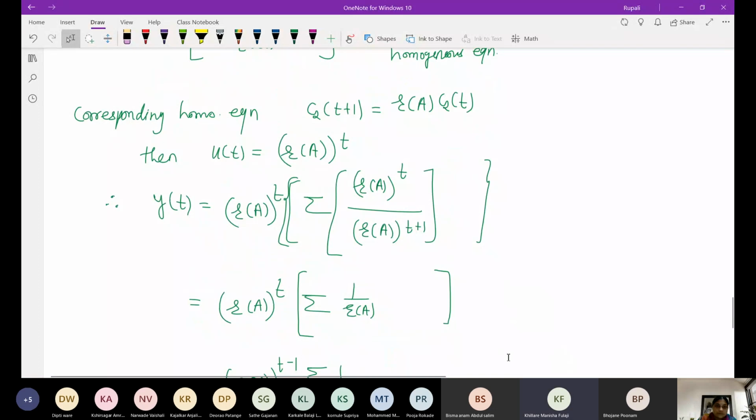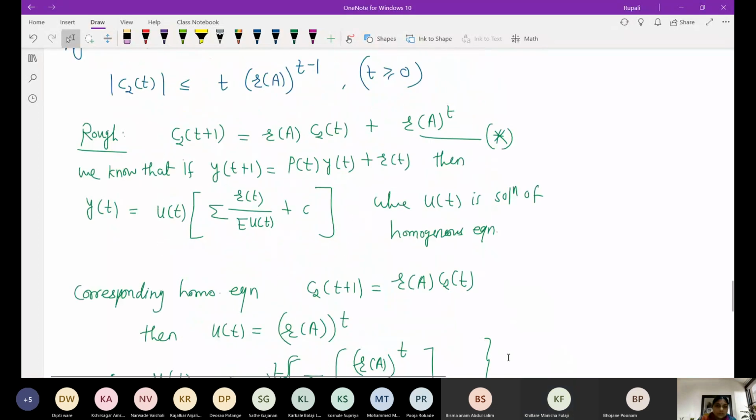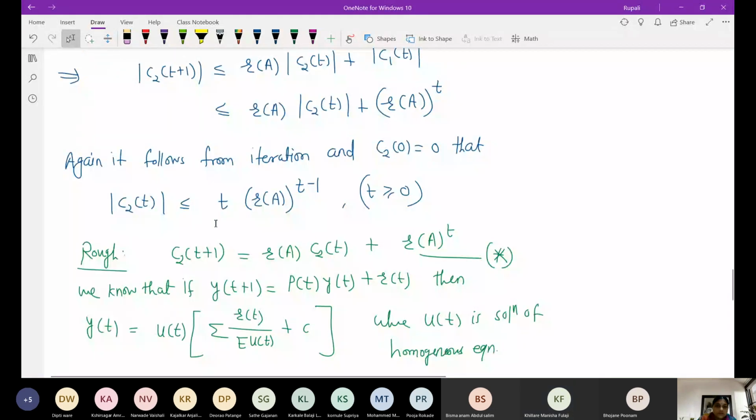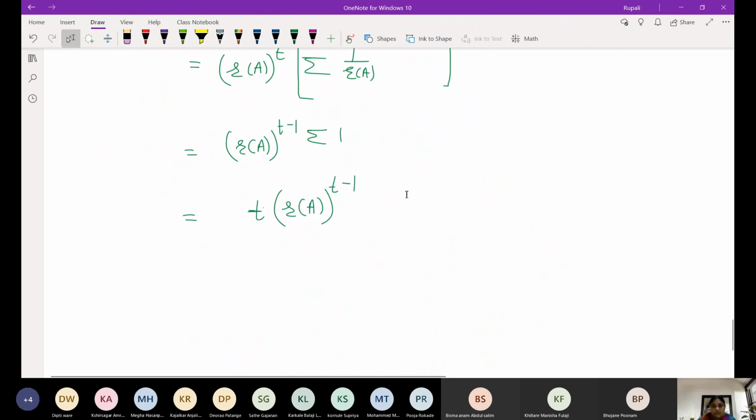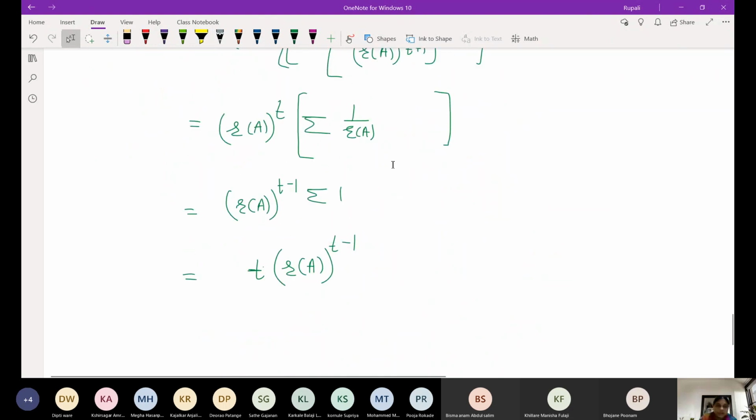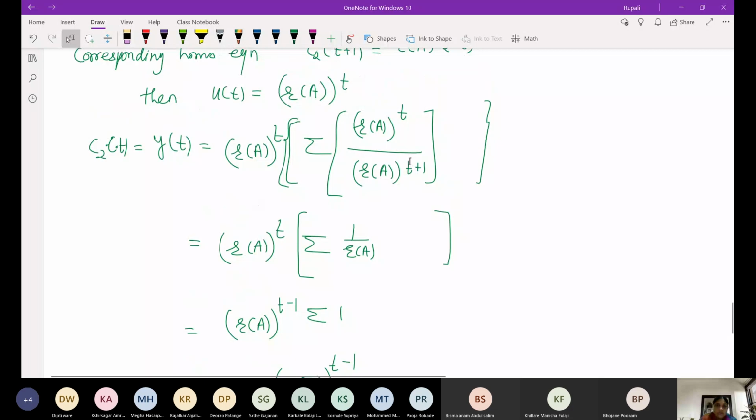Yes, ma'am. So we have written here t times R of A raised to t minus 1. Yt means nothing but my C2t. So C2 at 0 is 0, therefore the constant should be 0. Whatever the constant may be, if you write it also no problem, if you don't write it also no problem.